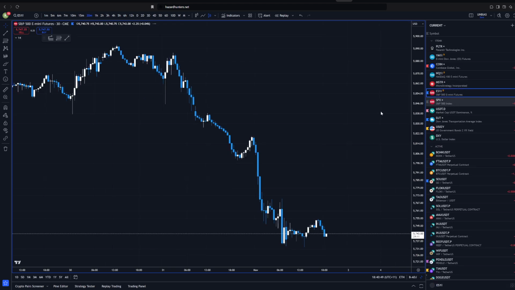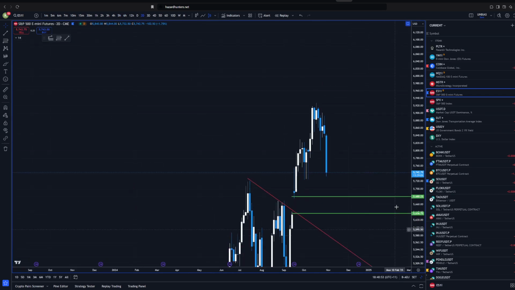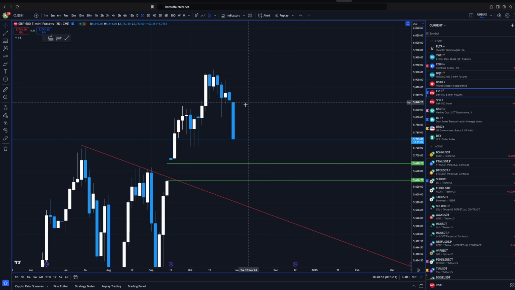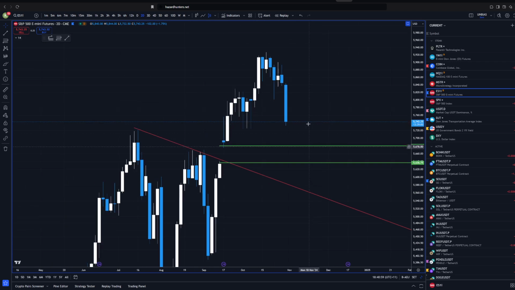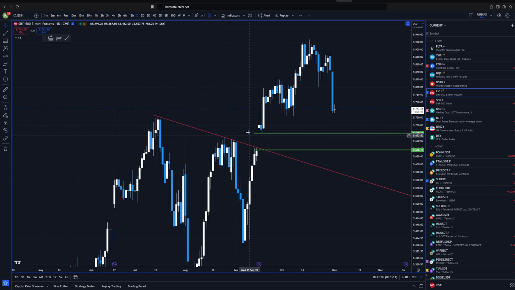One more thing as well, I keep forgetting stuff. The breakdown of the S&P 500 or SP 500 mini futures does appear like it's coming down to fill this daily gap here, right?